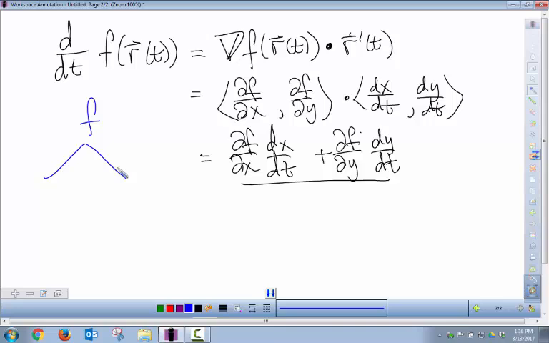So we could say f is a function of two variables, x and y. So we can list down the two variables here. And then what are x and y a function of? A function of t. At this point, you can choose one t to represent the one thing to go into, or some people write this as a t going down like this.